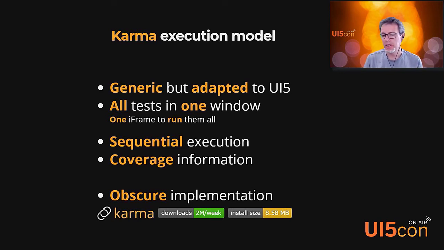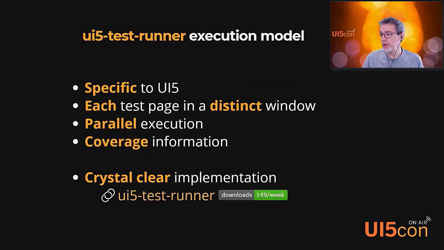That's pretty cool. The only problem I have with Karma is that from an implementation point of view, it's quite obscure to me. And from what I can see from the poll, it looks like at least more than half of you also don't have a clear understanding of what Karma is doing when executing the tests. If you compare it with UI5 test runner, UI5 test runner is something that I built especially for UI5.